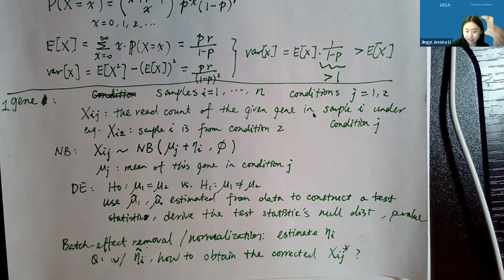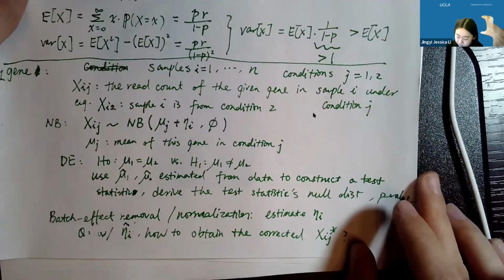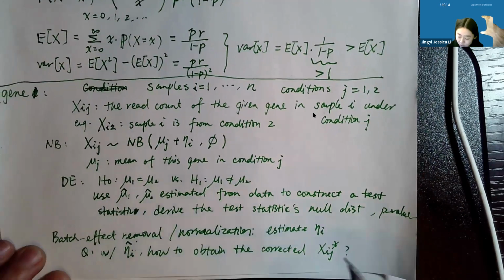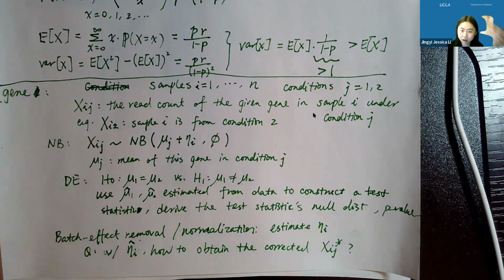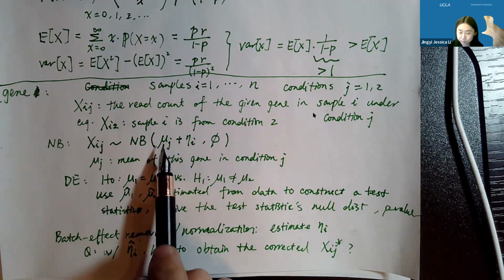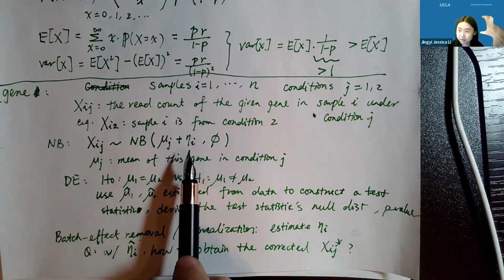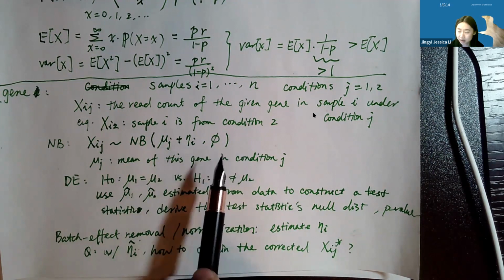Okay, so this correction can actually be done. One way to do this is to rely on what we have seen from the quantile normalization to match the quantiles. So the idea is this. Let's say that after we have the parameter estimates, with all the parameters we need to estimate, mu j becomes mu j hat, eta I becomes eta I hat, phi becomes phi hat.